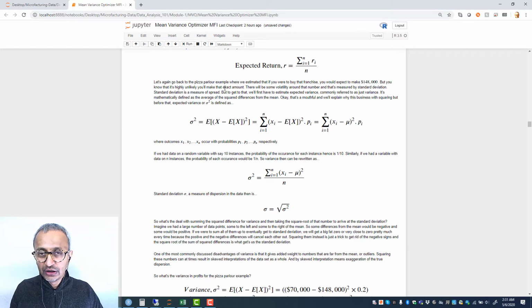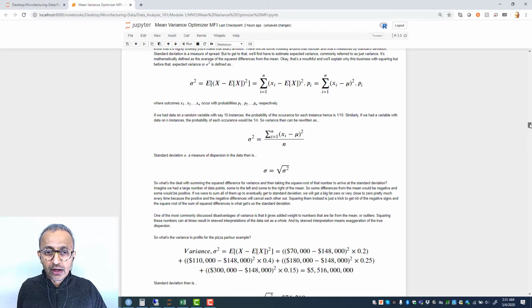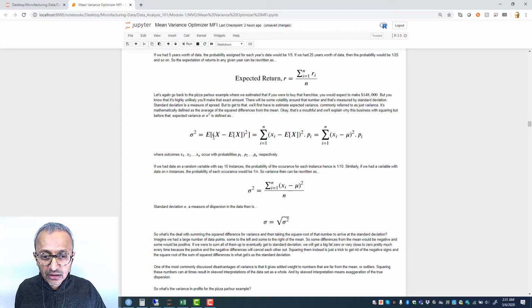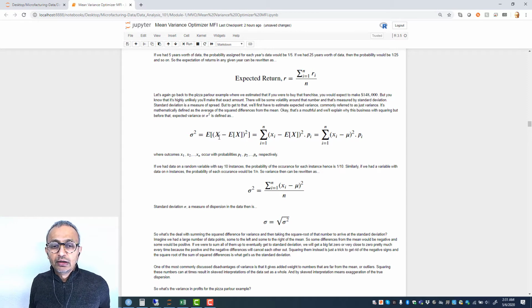Okay, so now I know it's a mouthful, right? But let's try to understand what this thing is, and it should be pretty clear. Okay, so let's look at this middle term, right? This is the outcome of an experiment. Let's take a six-sided die, right?